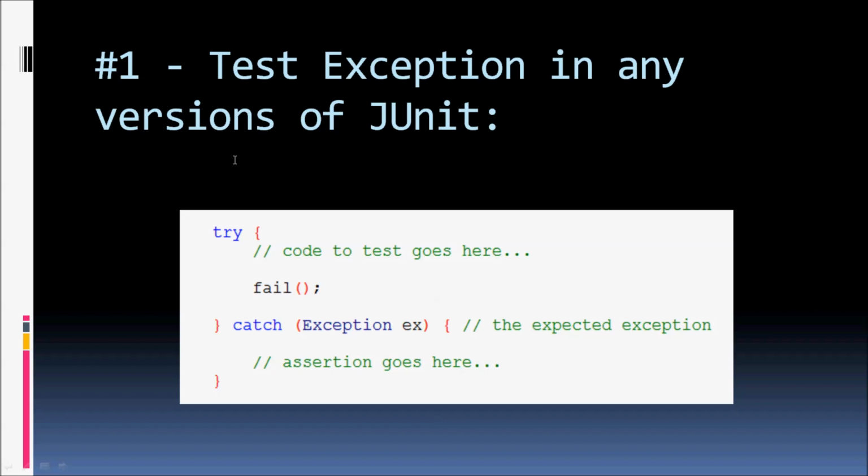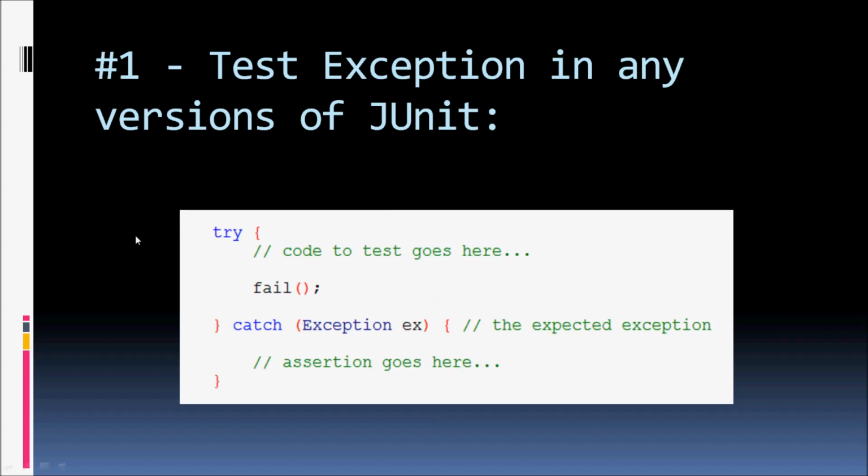The first way, which can be used in any version of JUnit, is we use the fail method with the try-catch structure, as you can see here. In this way, we use the Java try-catch structure with the fail method in JUnit and assertion methods in JUnit to test the exception.